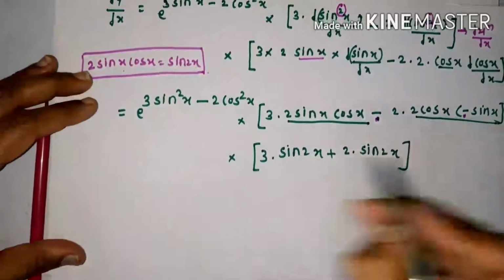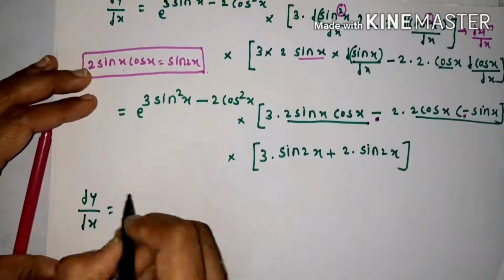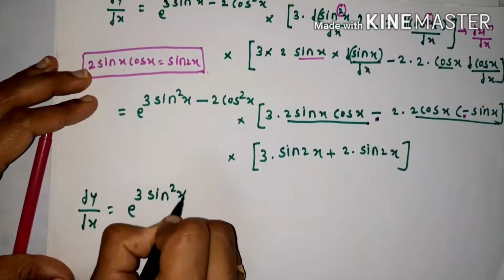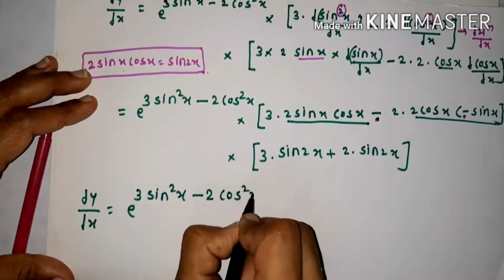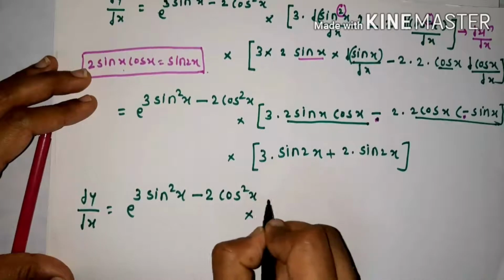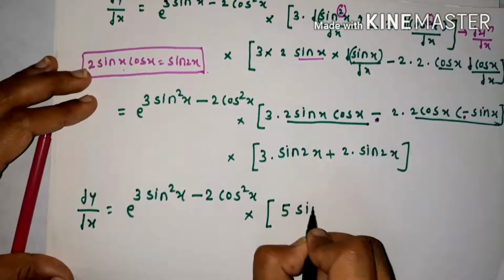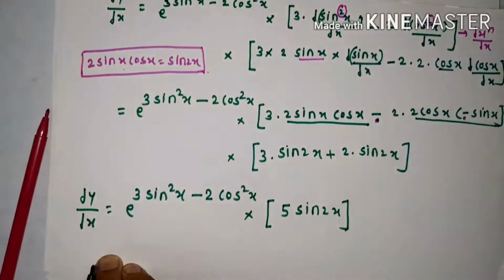And this is equal to dy by dx equals e raised to 3 sin square x minus 2 cos square x into 3 plus 2, that is 5 sin of 2x. In this way we have to solve the problems.